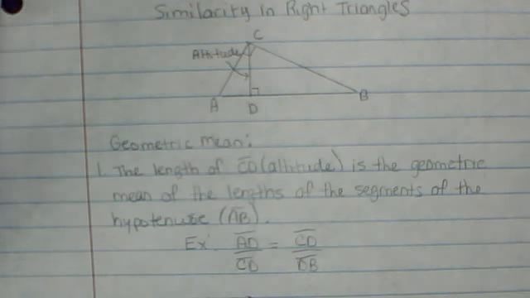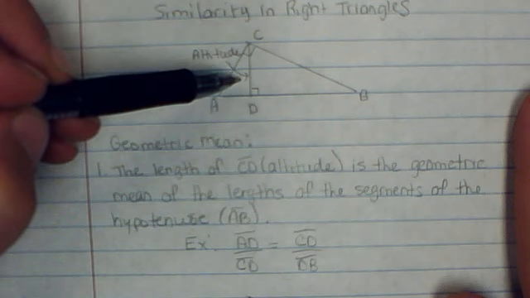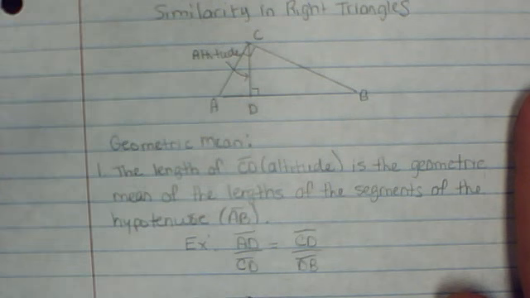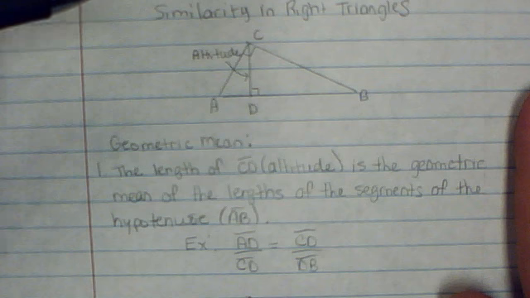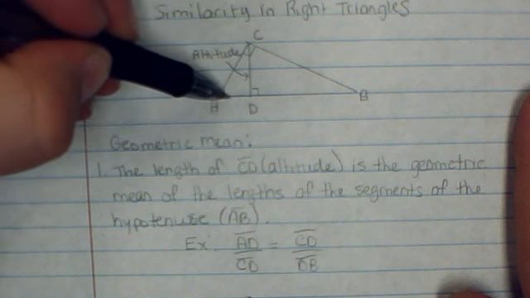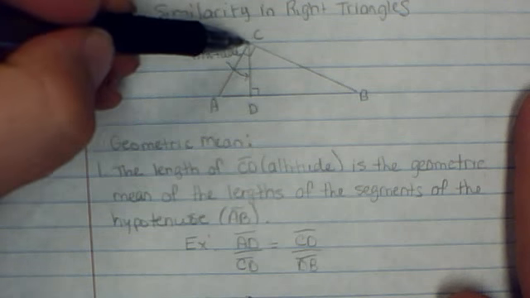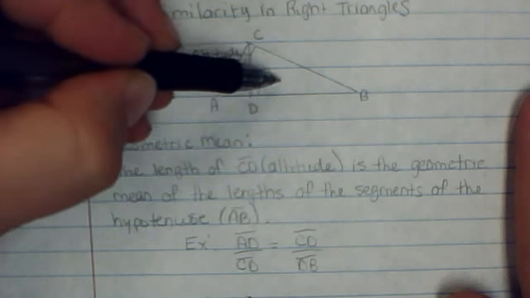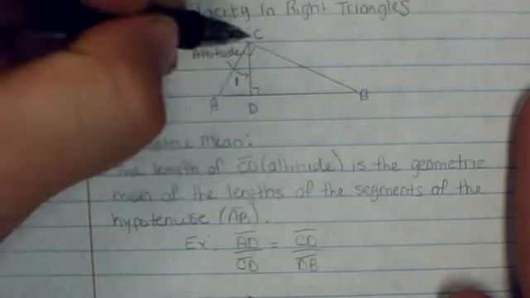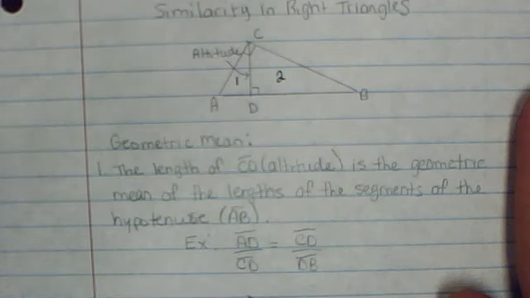Now, why do we do that? Well, think of this as being two separate smaller triangles, this triangle and this triangle. And if I want to set them up to where they're proportionate, this AD is the smallest side of this small triangle. The CD is the smallest side of this triangle. Right now I'll put a 1 and 2 in here, so I can say triangle 1 and triangle 2.